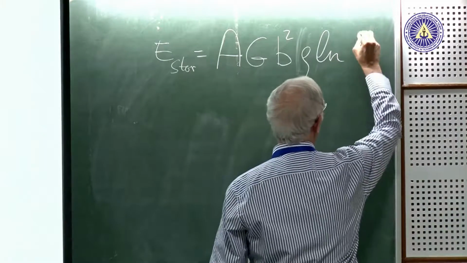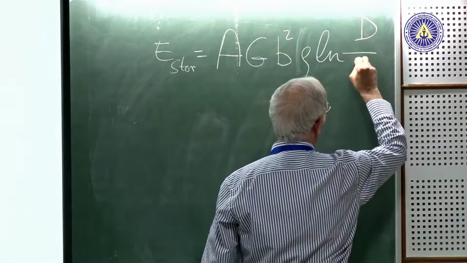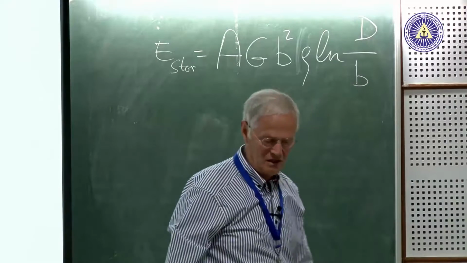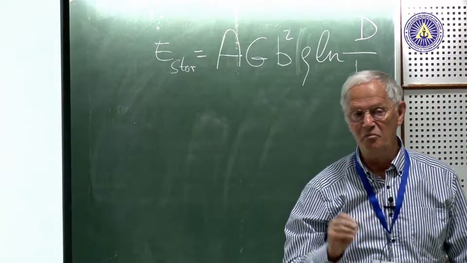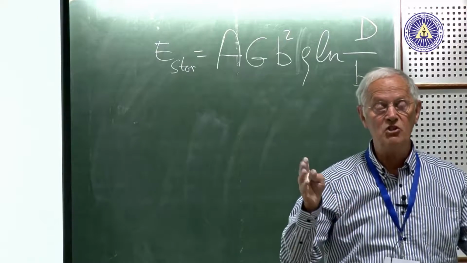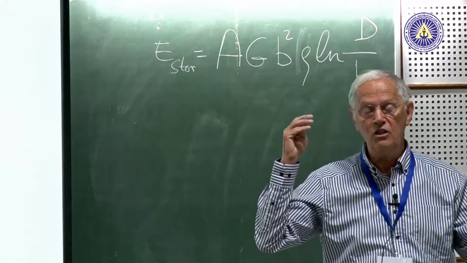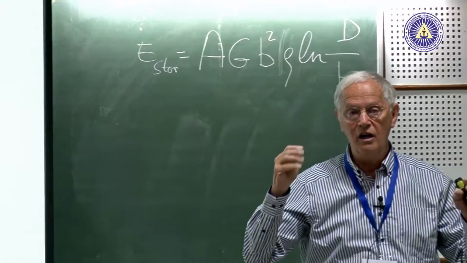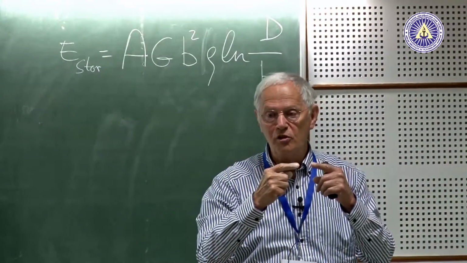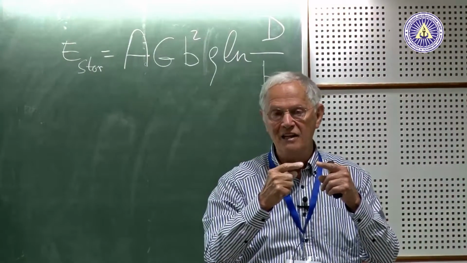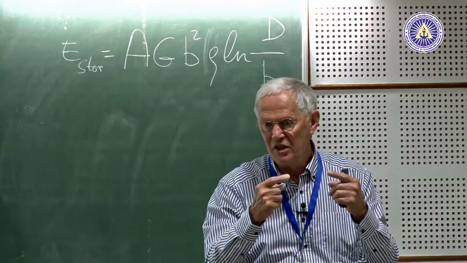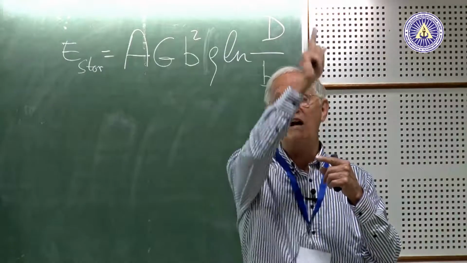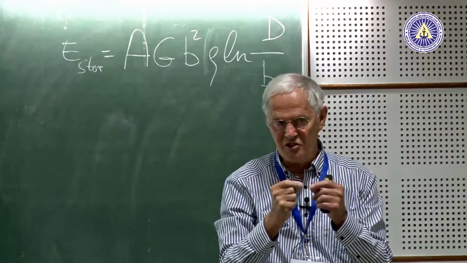You can put here D over B. This is what you can put in, but this is again wrong. B is the Burgers vector because it is a continuum mechanical formula and you cannot go closer by continuum mechanics than the atomic distance. That has no sense. Otherwise you get a singularity at short distances.